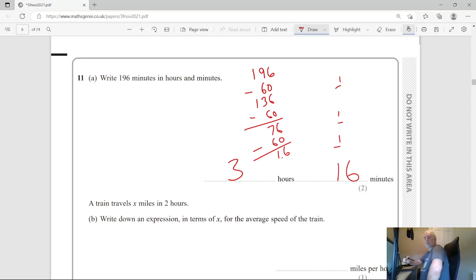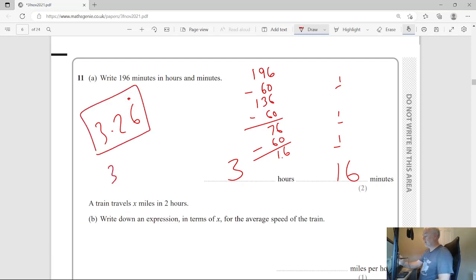So on certain questions, it may be easier to work through it manually like that in a logical sense. The reason being, if you said 196 divided by 60, your answer will be 3.26 with a recurring over it. It's very easy to put 3 hours, 26 minutes.